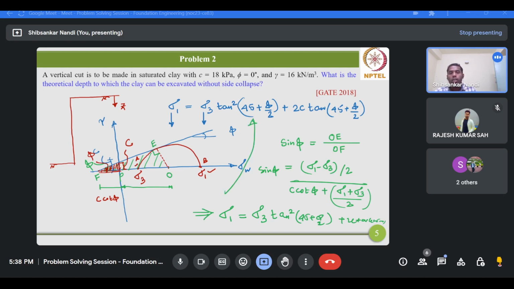So you will have this expression after the algebraic manipulation of the expression for sine phi. This is the root or fundamental basis of this expression, though it is not needed for solving this kind of problem.